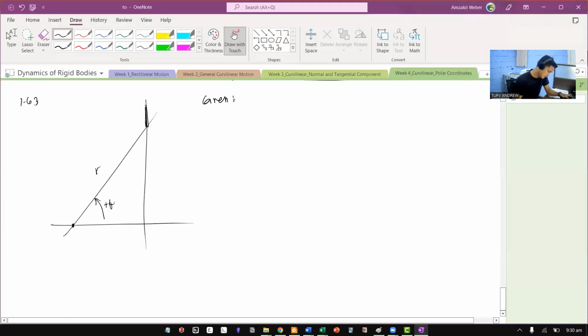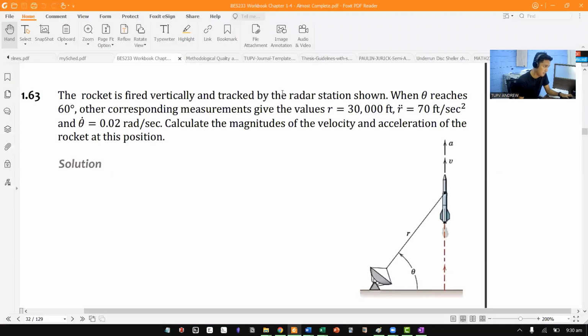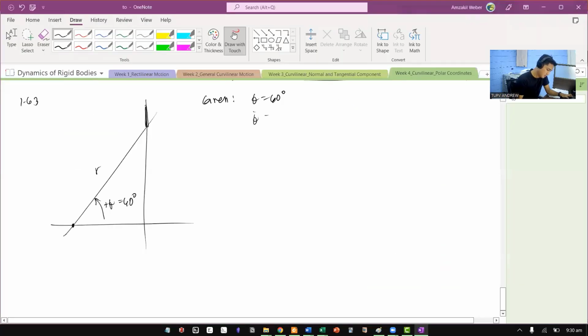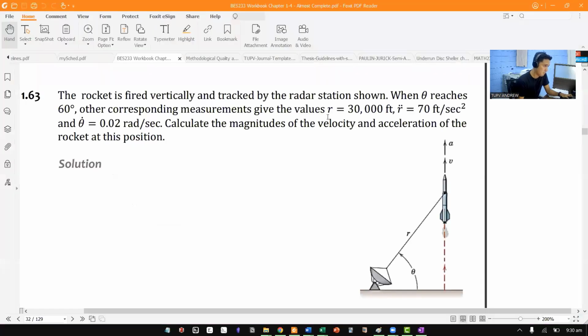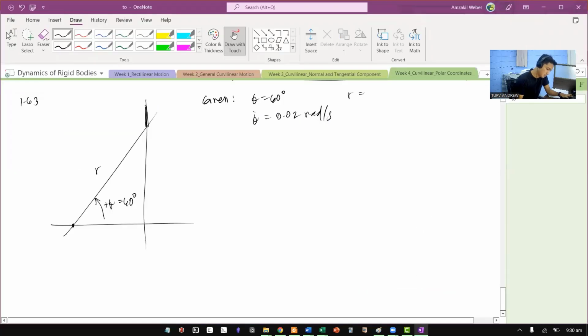The angle is 60 degrees. The angular velocity is 0.02 radian per second. The r at that instance is 30,000 feet, and the r double dot is 70 feet per second squared.